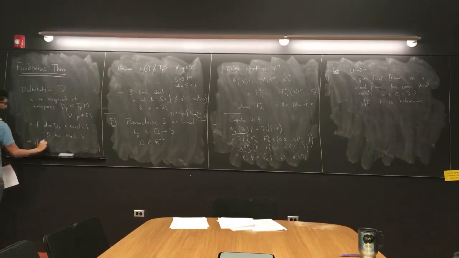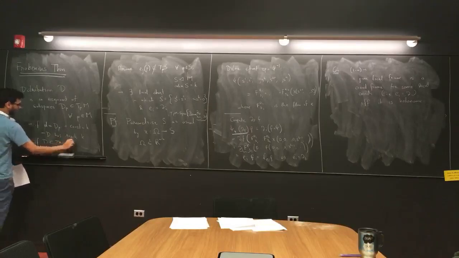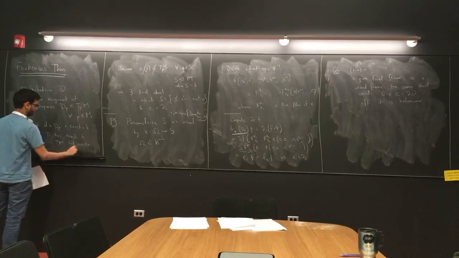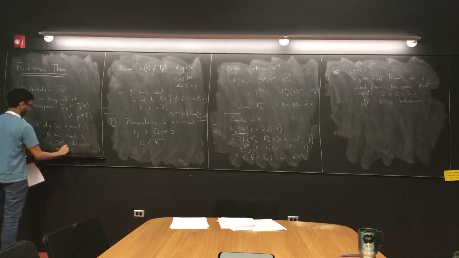If D is a subbundle of TM, the tangent bundle, then D is a smooth distribution.